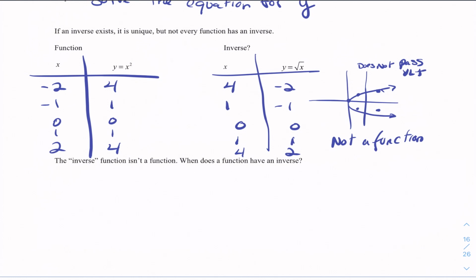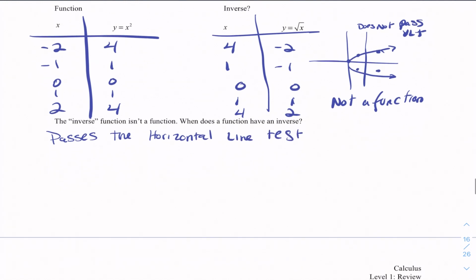So when does a function have an inverse? The graphical way is saying it passes the horizontal line test. But the mathematical way of telling if something is invertible is if every input goes to exactly one output, which we call one-to-one.